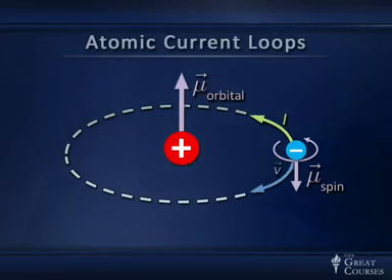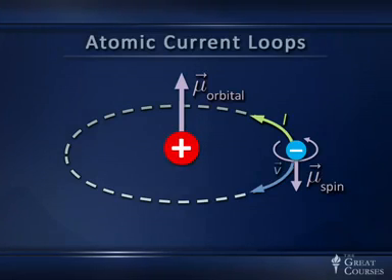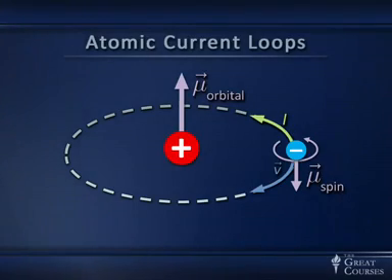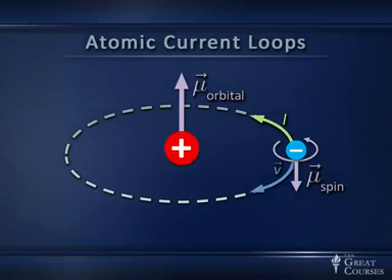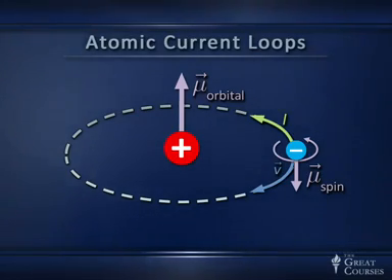Because the electron has charge and is spinning, it too constitutes a miniature current loop-like structure, and consequently it also has a magnetic dipole moment, which could point in the same way as the one associated with the orbital motion of the electron, or in the opposite direction. Here I've shown it pointing in the opposite direction. But the fact is, atoms become basically current loops, and that makes all matter have some magnetic properties.